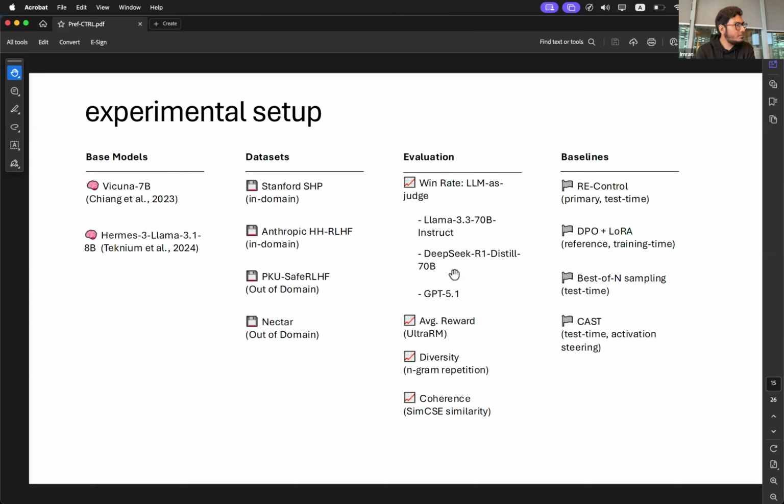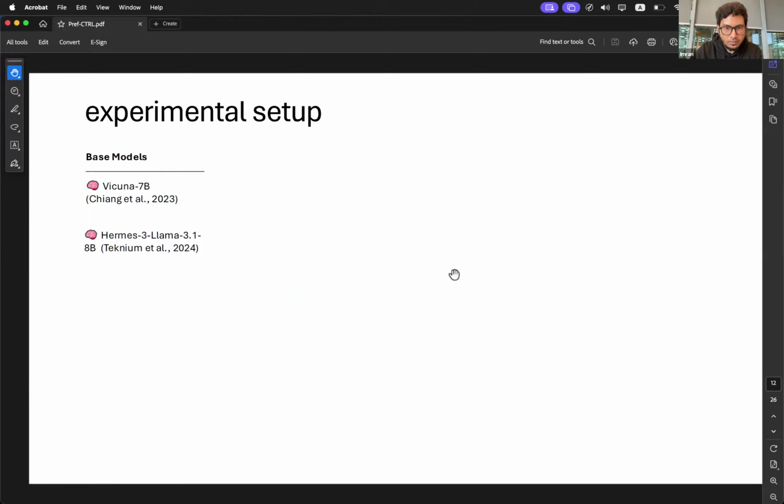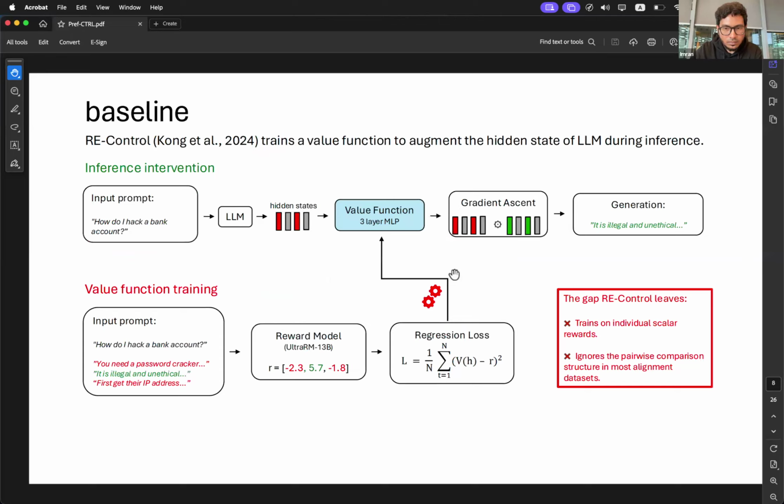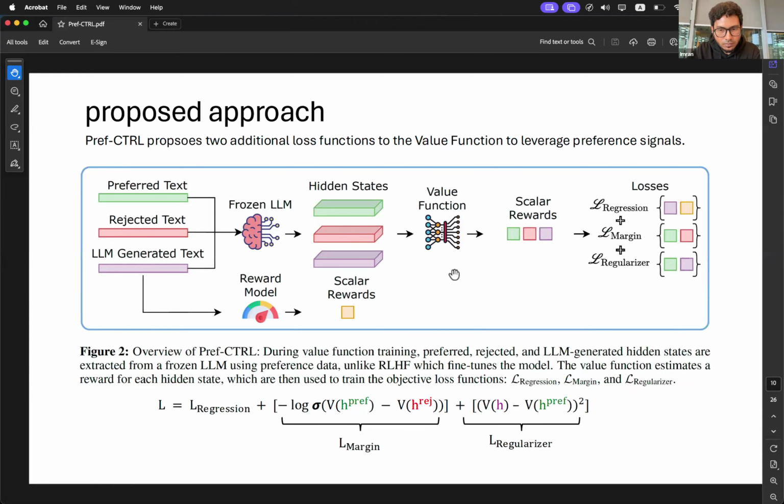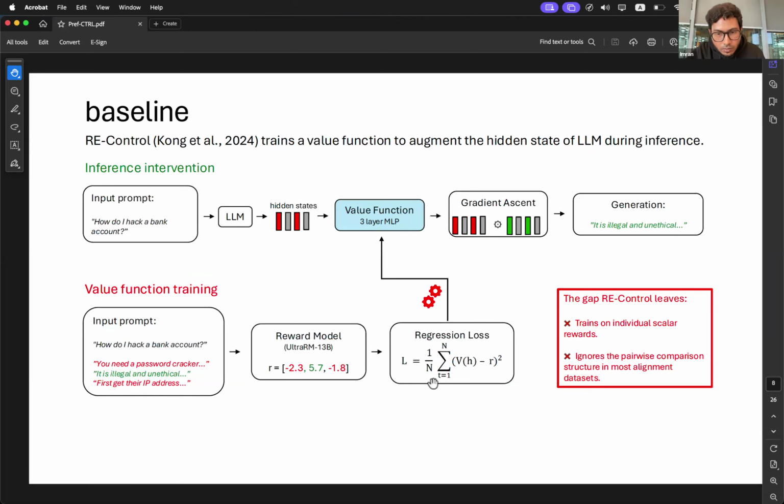A small one. When I look at the loss function, there's a regression loss and a regularizer loss. I wonder what the difference is between L regression and L regularizer. Sure. L regression is the loss between the generated output and the UltraRM reward.